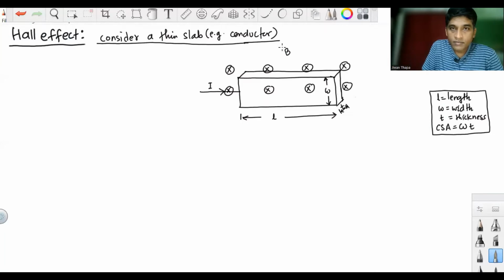B, which is perpendicular and is directed inward. So we have this.